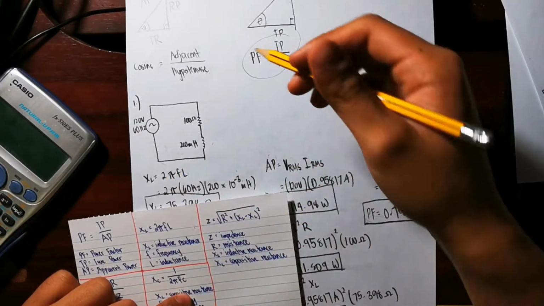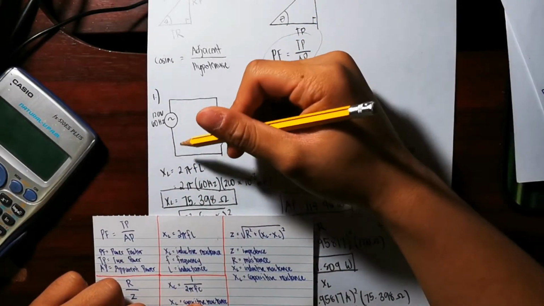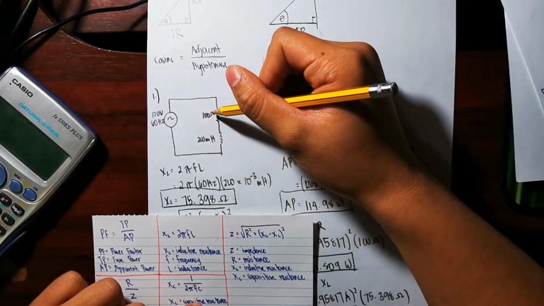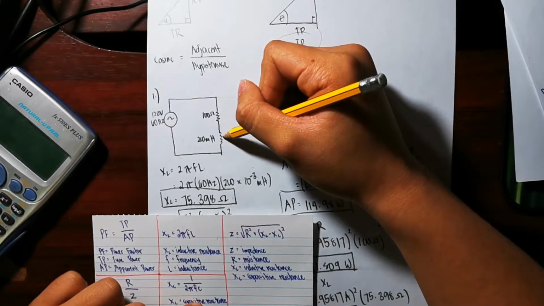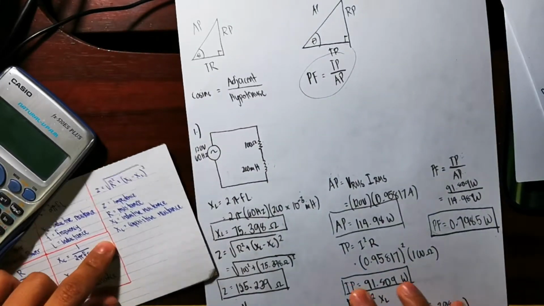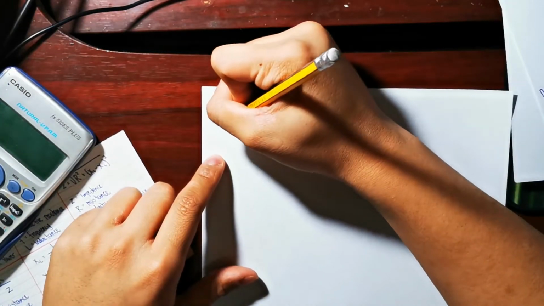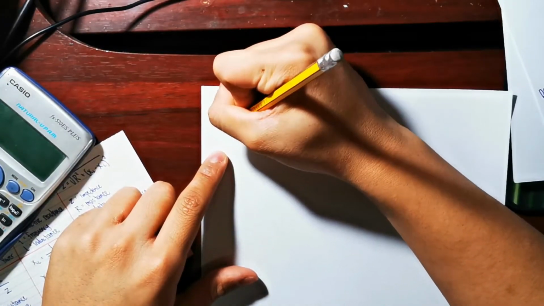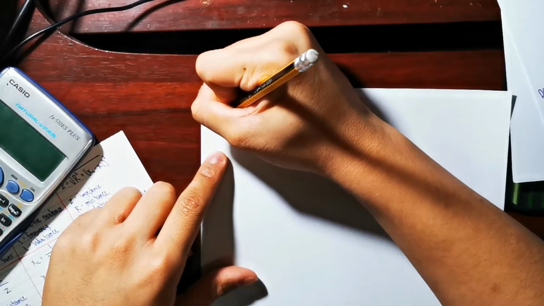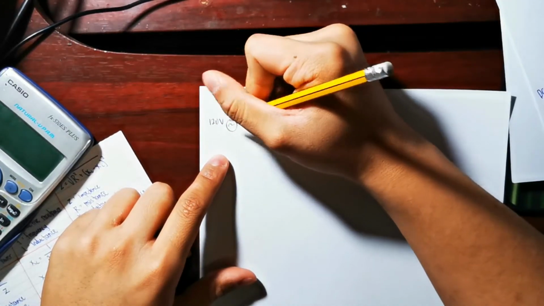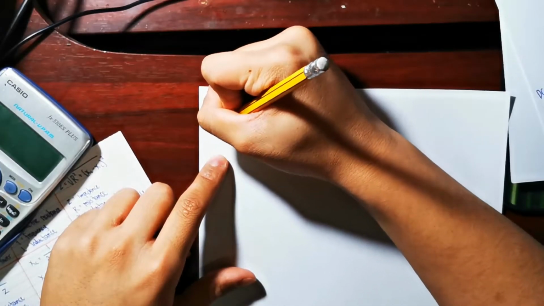So I will give an example wherein we will insert a capacitor in series with our resistor and our inductor. So we'll just copy our given here. Our given is a voltage source of 120 volts with 60 hertz.